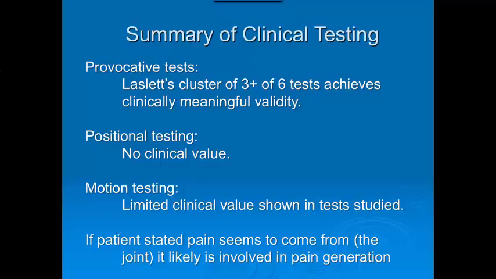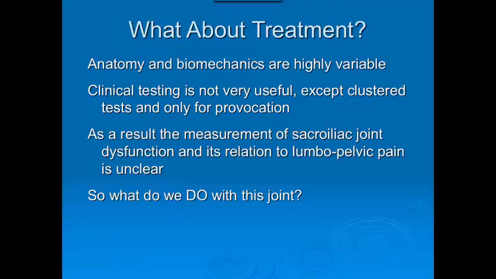Motion testing is of limited clinical value, even when these tests are clustered. Finally, if the patient states that the pain seems to originate from the area of the SI joint, then it probably does. Given the status of our clinical tests, how do we guide our treatment?